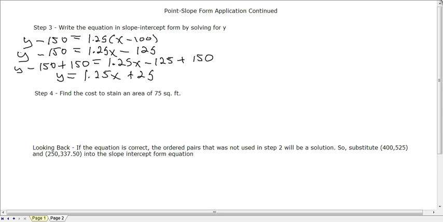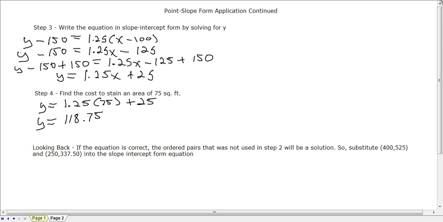We take the slope intercept formula that we just found: y is equal to 1.25, and let's substitute 75 for x, plus 25, and solve for that. That's going to give us y is equal to $118.75.